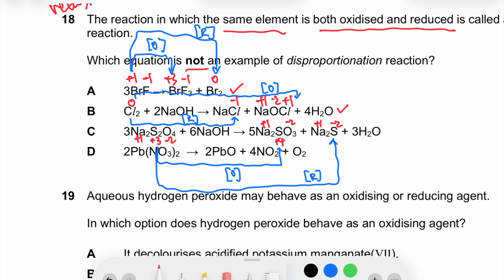So this is a disproportionation as well. So the only odd one will be D, by elimination. You can try option D. I think most likely it is the oxygen. The oxygen didn't really change, so that's why that's the answer.